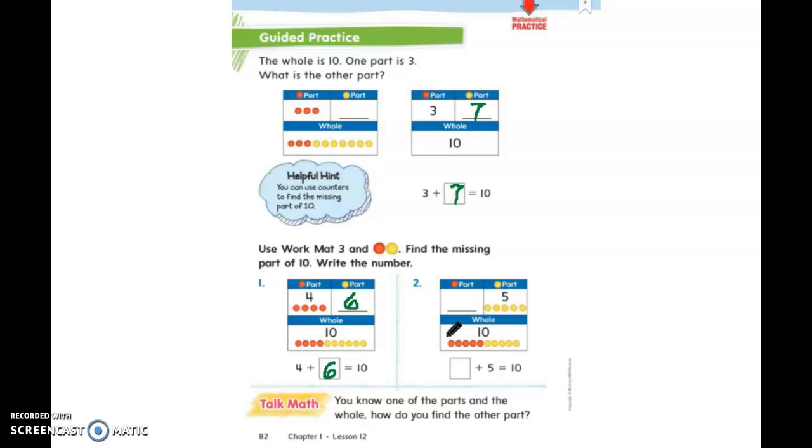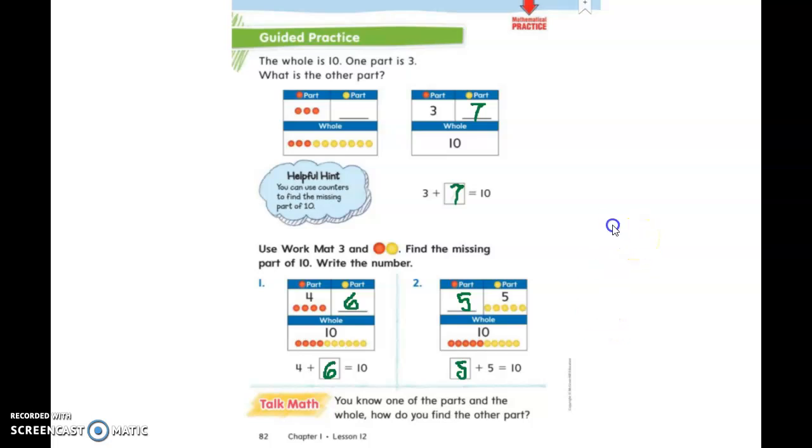Let's count how many there are. 1, 2, 3, 4, 5. Oh, we have 5 up here. So if I write 5 on this line, I have to come down here and I have to write 5 in my first part because that is what we were missing. So, boys and girls, 5 plus 5 equals 10.